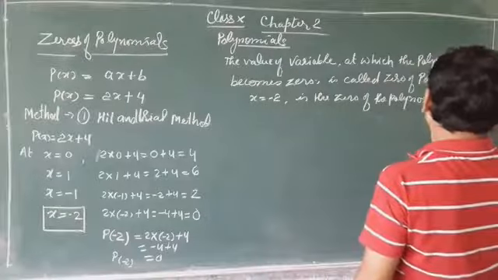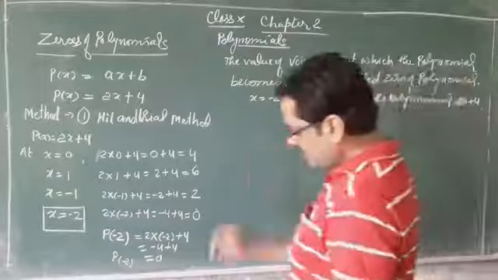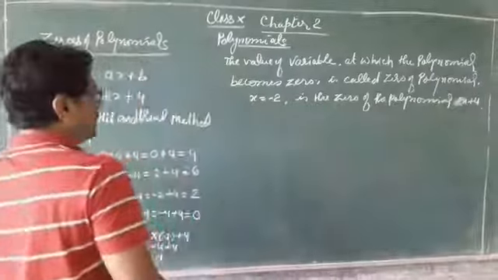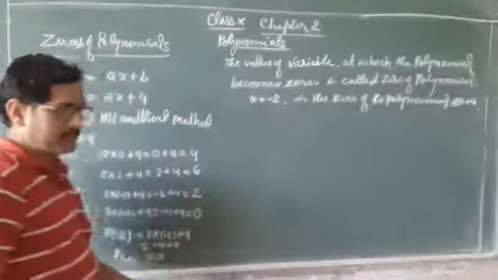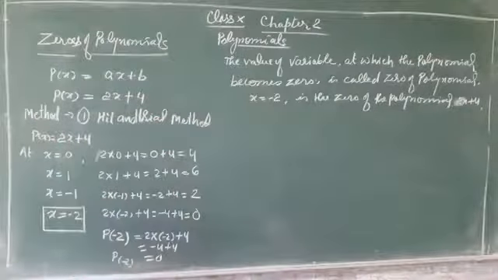So the zero of this polynomial is x is equal to -2. So -2 is the zero of this polynomial.